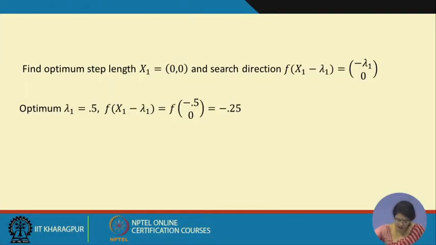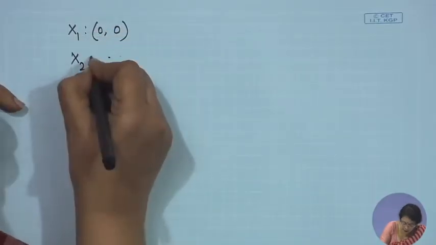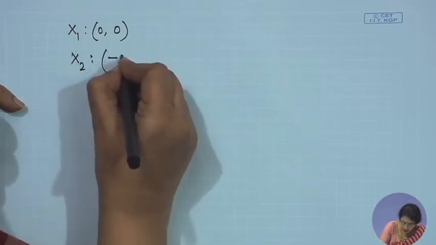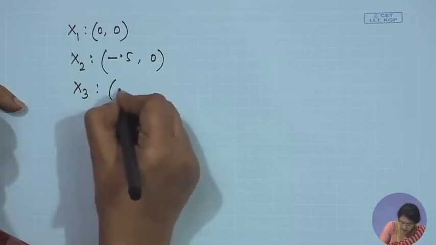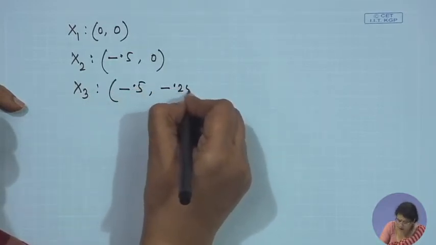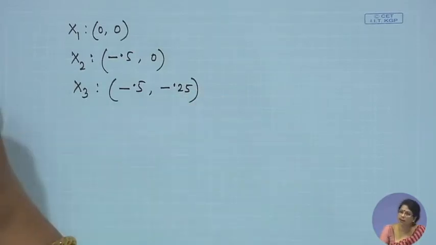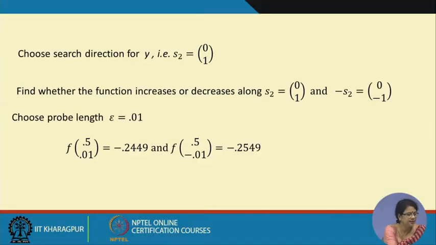If I just write down, my initial guess was (0, 0), my next point was (-0.5, 0), and my next point is (-0.5, -0.25). Now, let us see the functional value at this point.